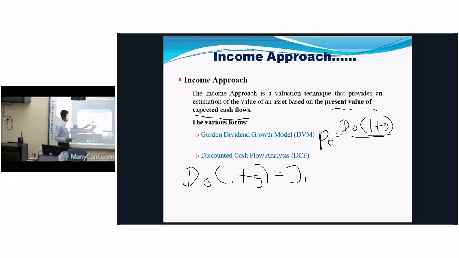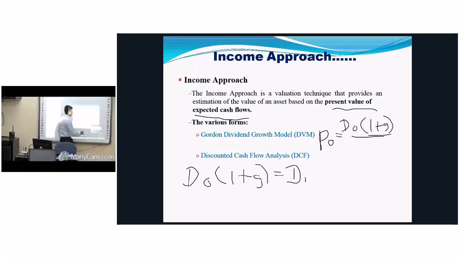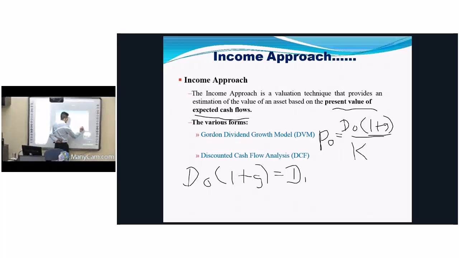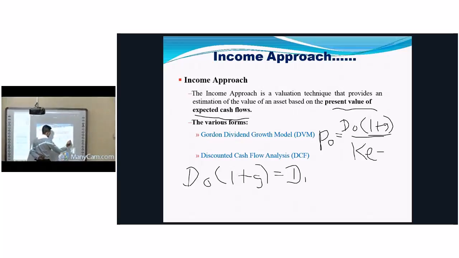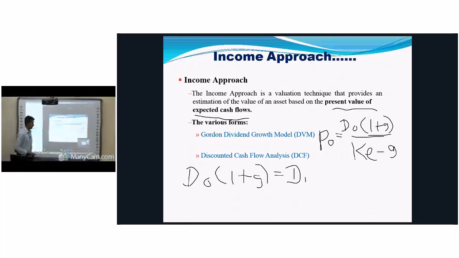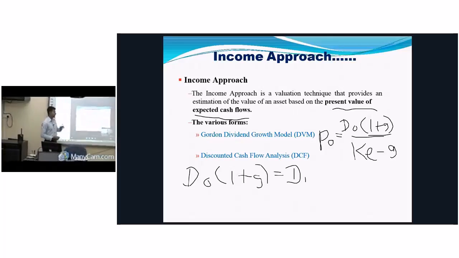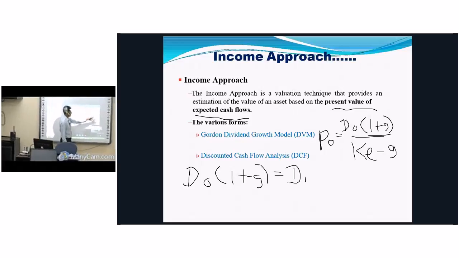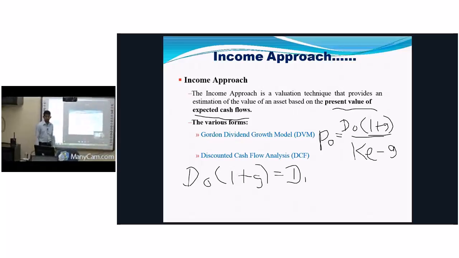So D1 divided by Ke minus g. What Gordon says is the firm's value can be arrived at using this equation: D0(1+g) divided by Ke minus g. Ke means the cost of equity in this firm, and g the firm's growth rate.